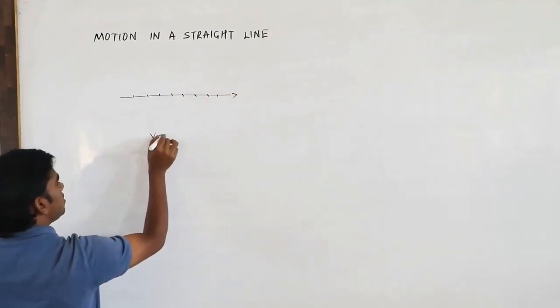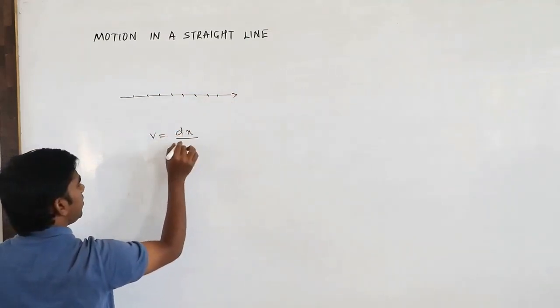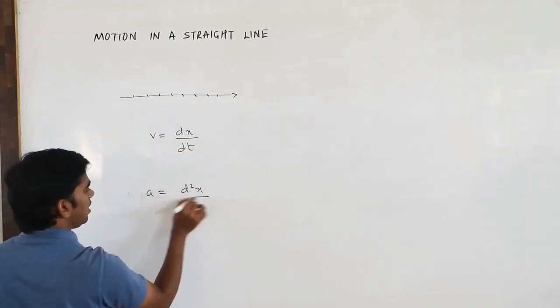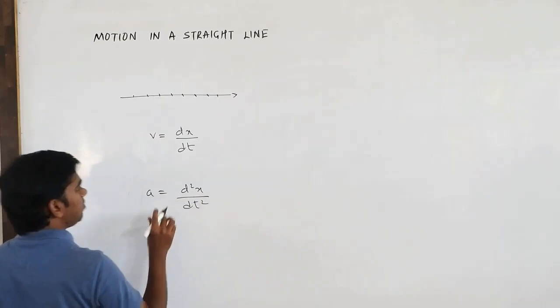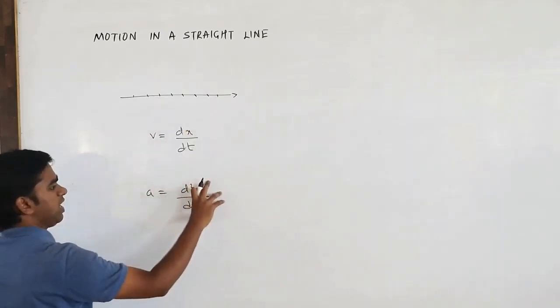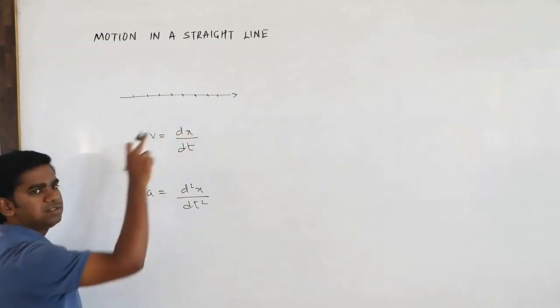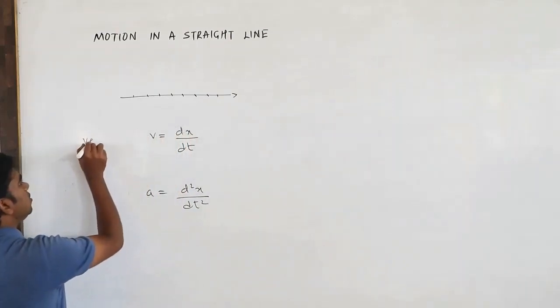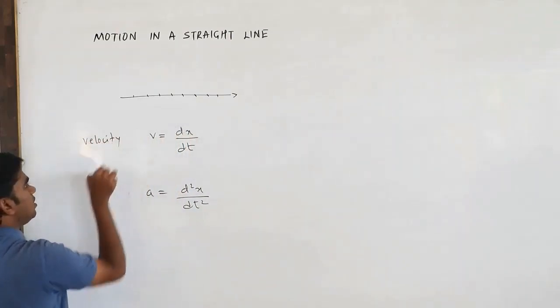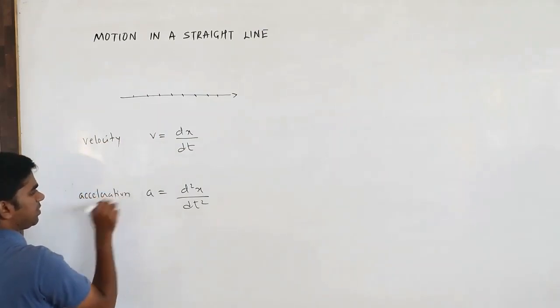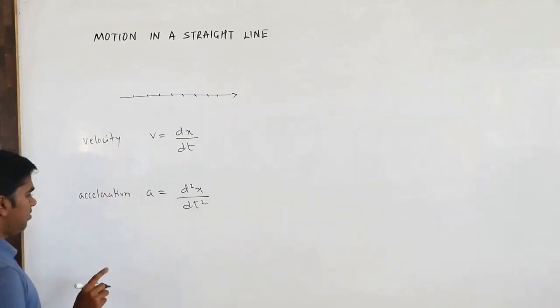You can write velocity equals dx by dt, and acceleration equals d square x by dt square, meaning differentiation of x two times. Remember, you get this by differentiating x two times. So this is velocity and this is acceleration.